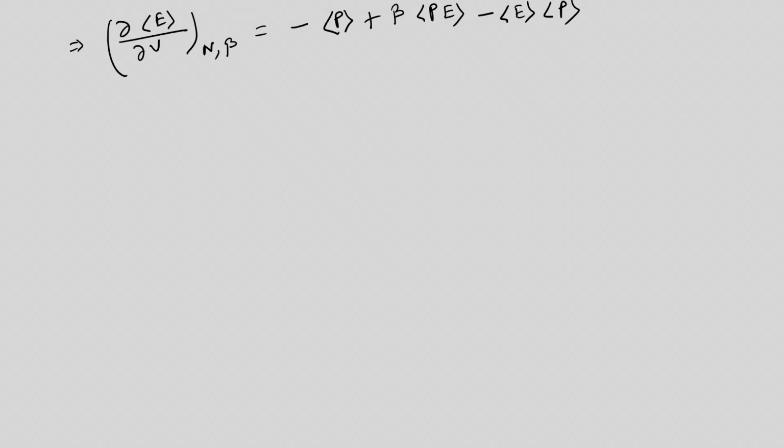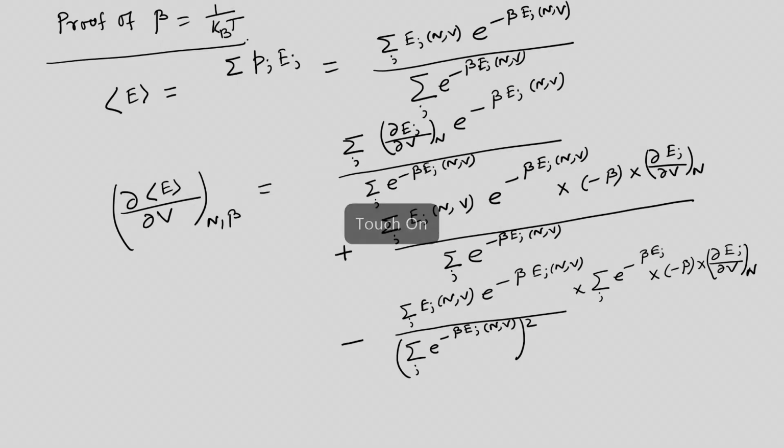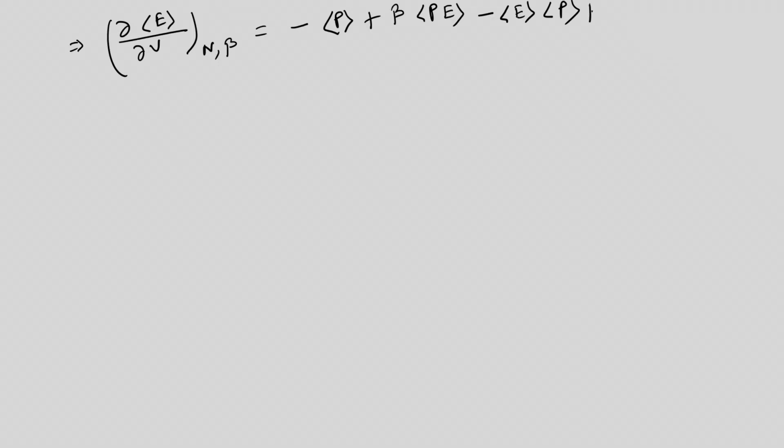And then we have one beta term also there, so times beta. So this is the expression we have got if we differentiate average energy with respect to volume.